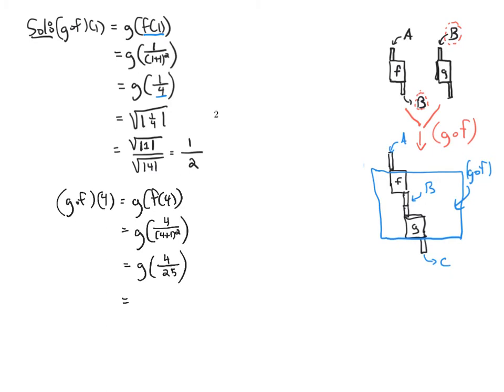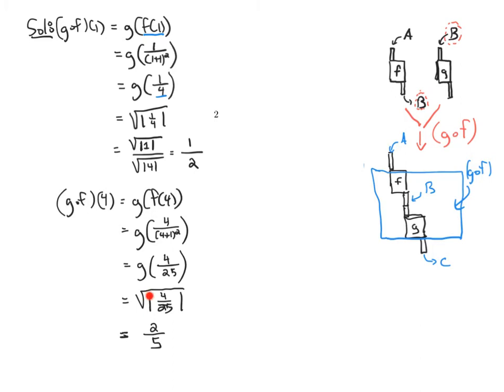And now this is going to be the square root of the absolute value of 4 over 25. And you can see, indeed, this simplifies similarly to the above to 2/5. So we have g of f of 4 is 2/5.